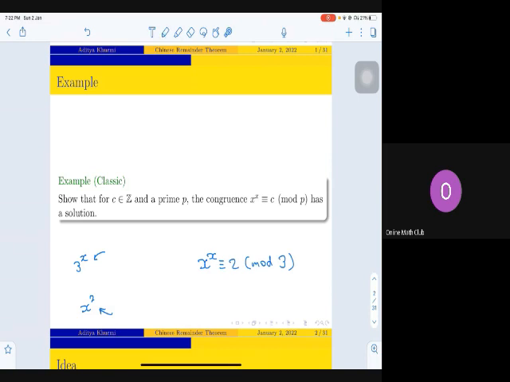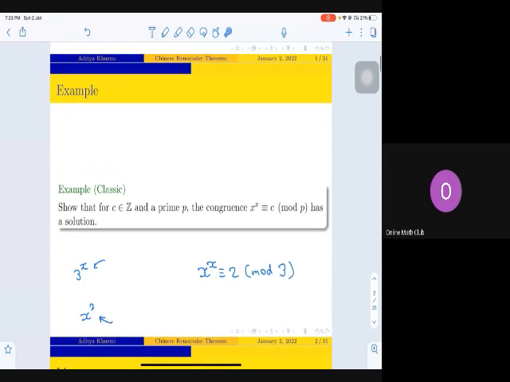So you can control the exponent. If it were a constant raised to x, you could use Fermat's little theorem or primitive roots and have some control. If you had x squared, it's pretty simple because you can just set x to be 1, 2, 3 or anything, and then use quadratic residues.